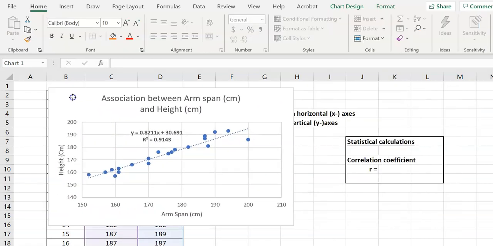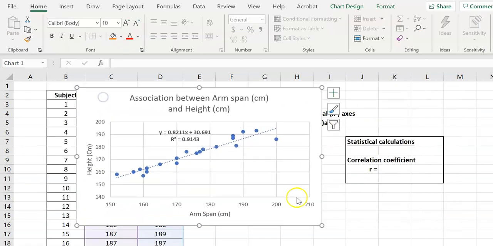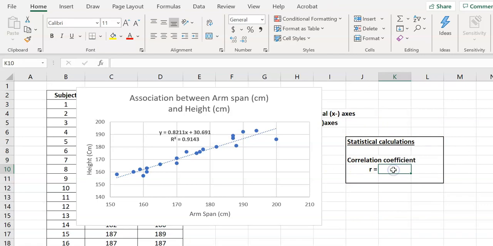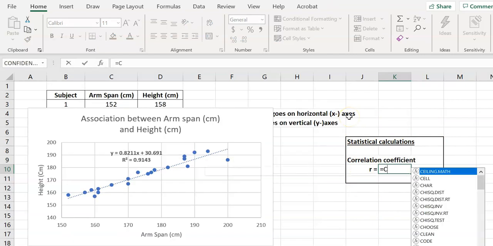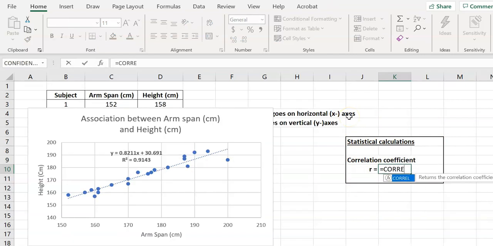Okay, I'm then going to just move this over so I can do a quick calculation for our R value. So I'd expect to see something like this in your Excel, where you're making it very clear what you're calculating. Start by typing in equals and CORREL. You can see it wants to complete it for us, so you select it, and it wants us to select our first array.